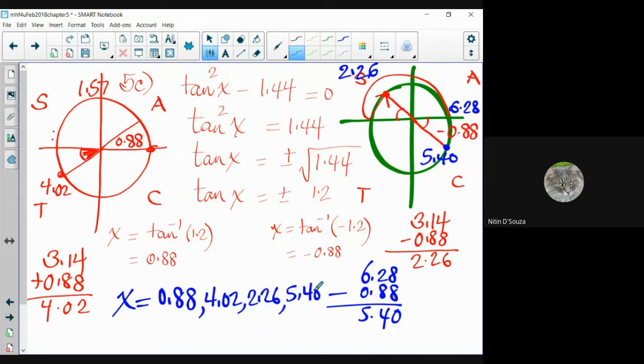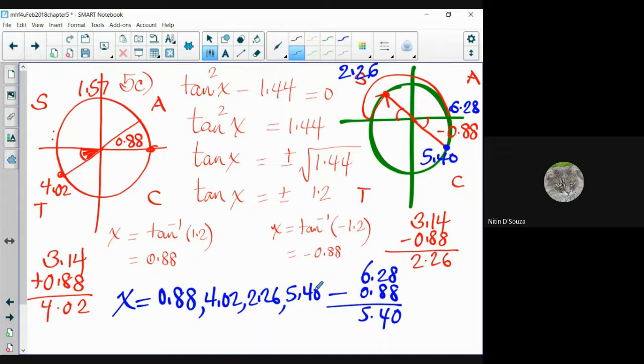It's okay if you want to put them in order as well, but those are the four numbers that you're looking for. And if you put those into your calculator, all four of those values will give you a tan of 1.2. These ones will give you 1.2. These ones will give you negative 1.2. Okay.